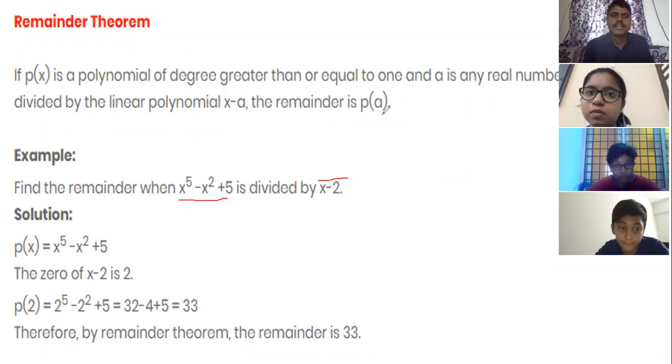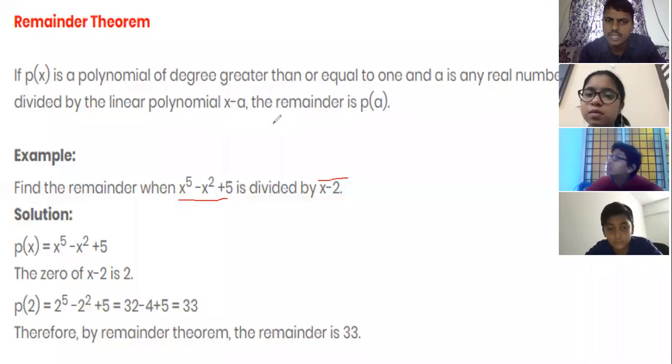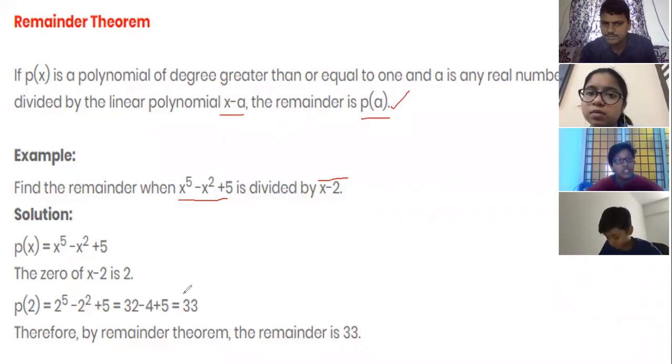If p(x) is a polynomial of degree greater than or equal to 1 and a is any real number, then when p(x) is divided by the linear polynomial x - a, the remainder is p(a). So straight, find the remainder.